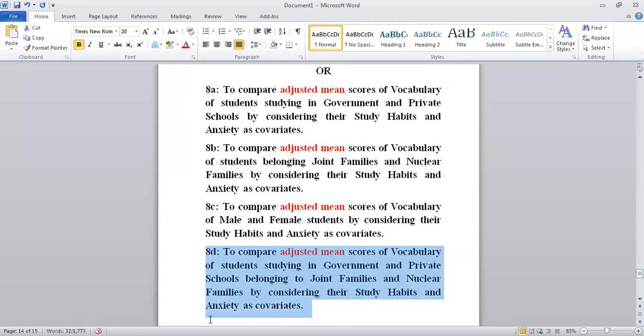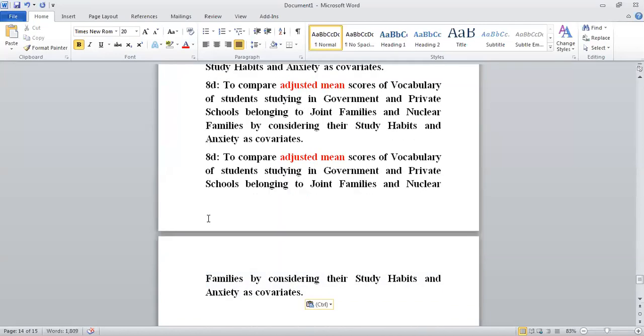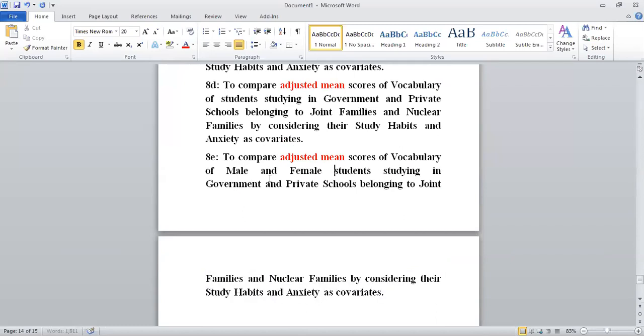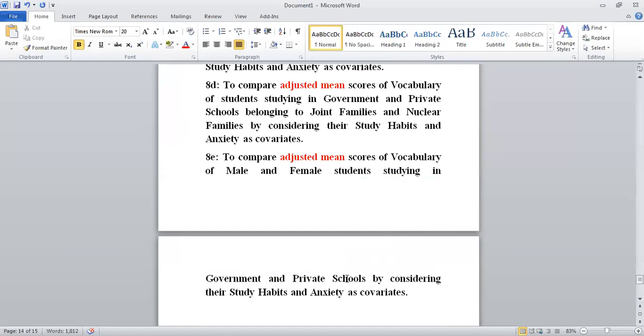Now, the next, 8E, is to compare adjusted mean scores of vocabulary of male and female students studying in government and private schools by considering their study habits and anxiety as covariates.